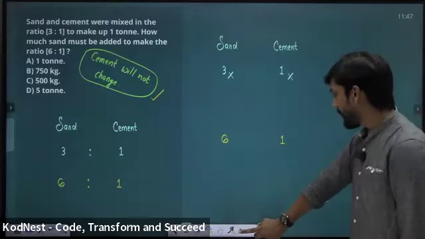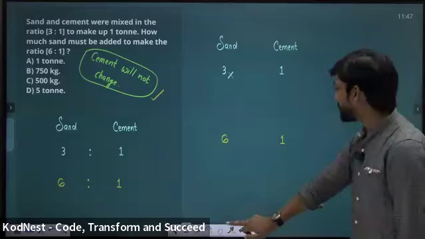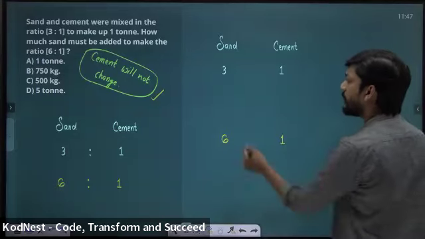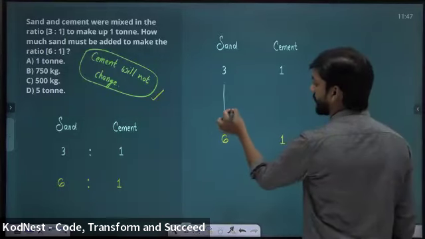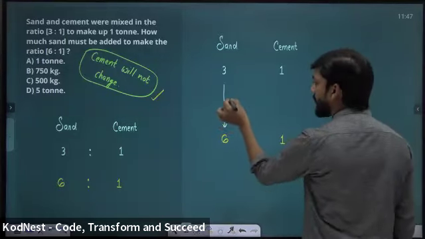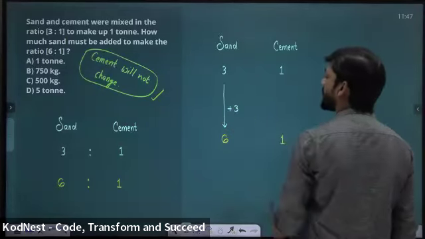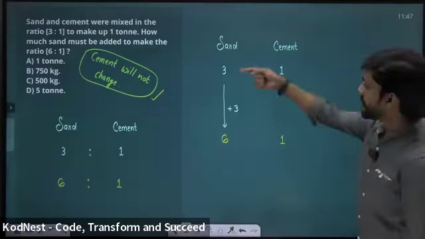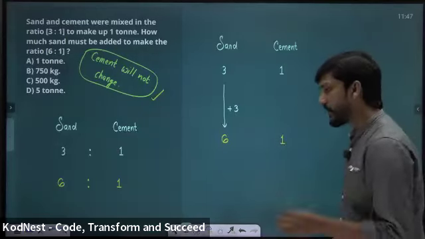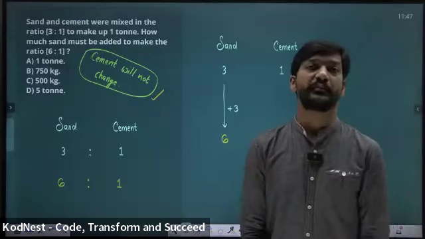Okay. Answer one more thing. How much sand we are adding with these values? Tell me in kg. 3 kg. Okay. Don't say 3 liters. 3 kg we are adding. Because 3 plus 3 will be 6. So we are adding 3 kg of sand.